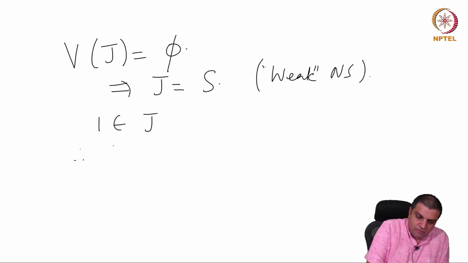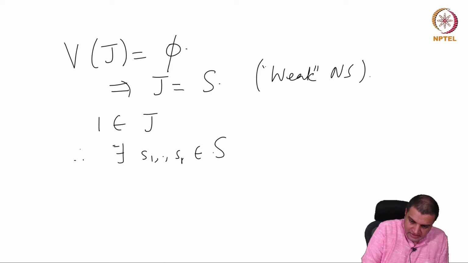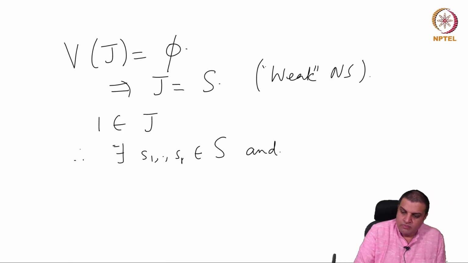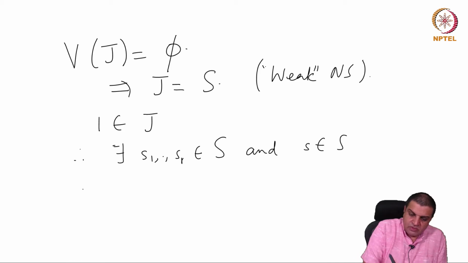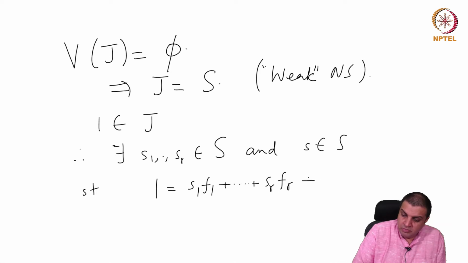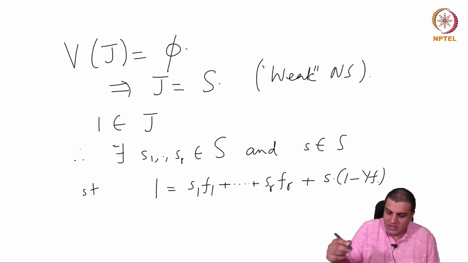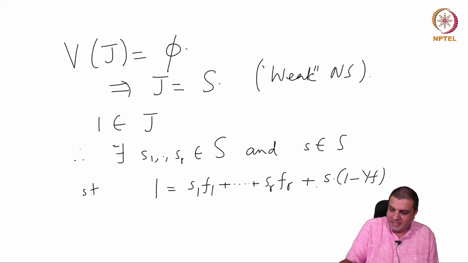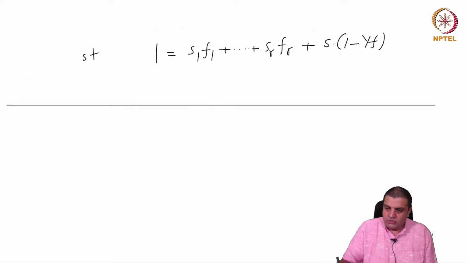Therefore, there exist s1 through sr inside S and some s inside S such that 1 equals s1 f1 plus ... plus sr fr plus s times (1 minus yf). That's just saying 1 is in the ideal generated by f1 through fr and 1 minus yf. The coefficients have to come from S. So this is all part of the trick.